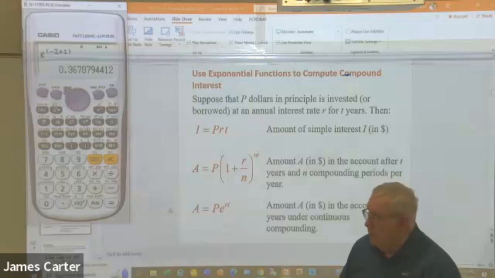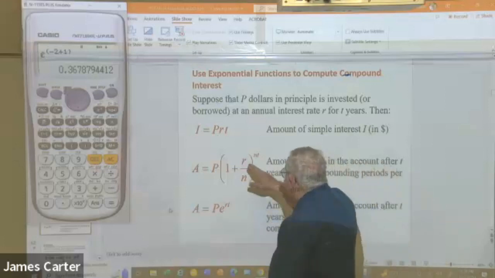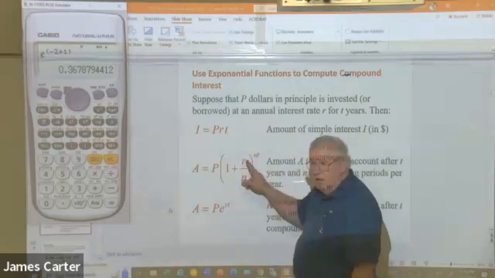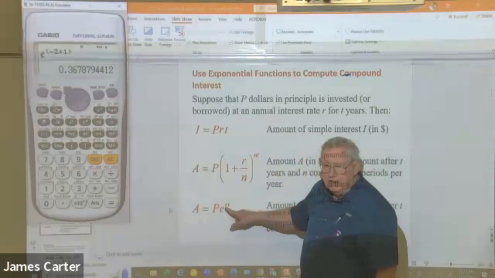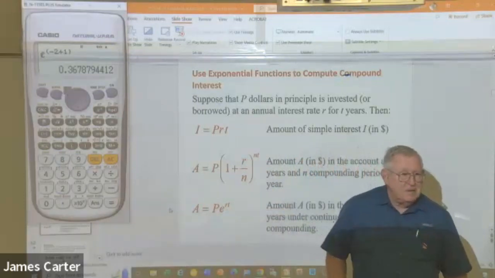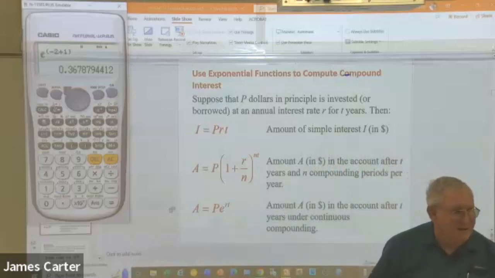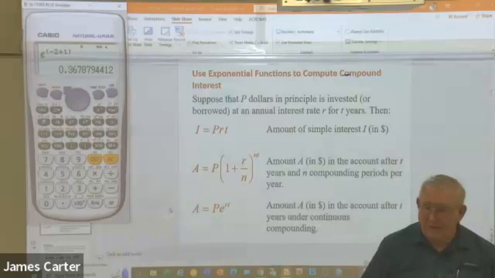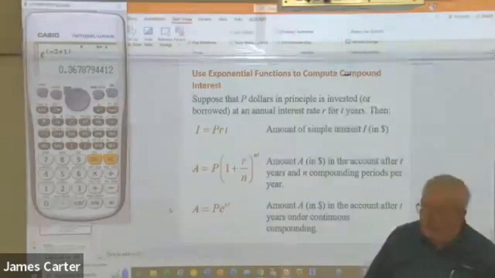Believe it or not, the difference between 365 times a year and continuously for 1 year is a measurable amount, even though it might be a decimal amount, pennies. And that'll make a difference in you getting a 4.0. Knowing which formula to use is big.